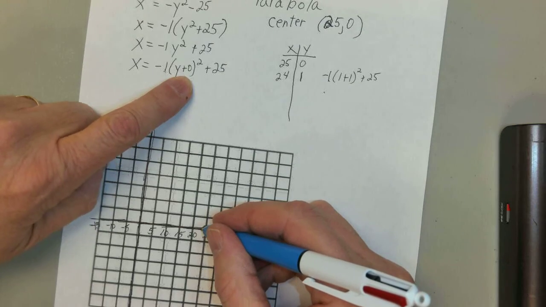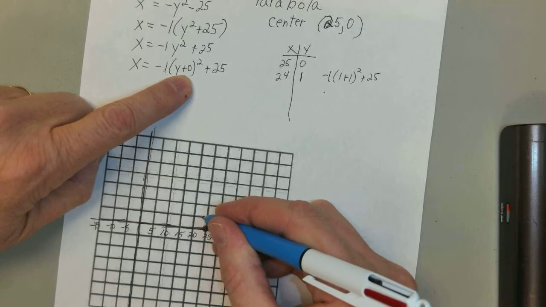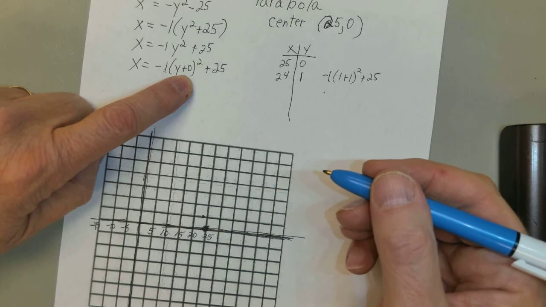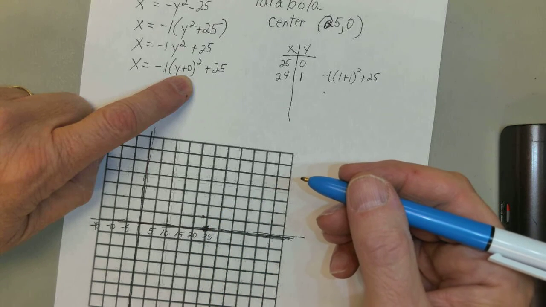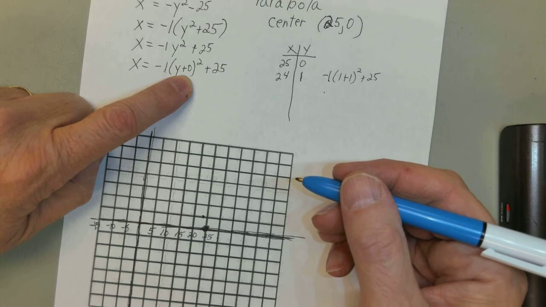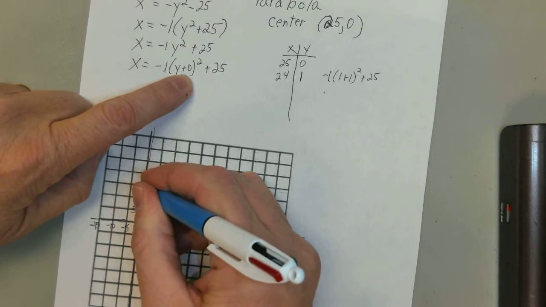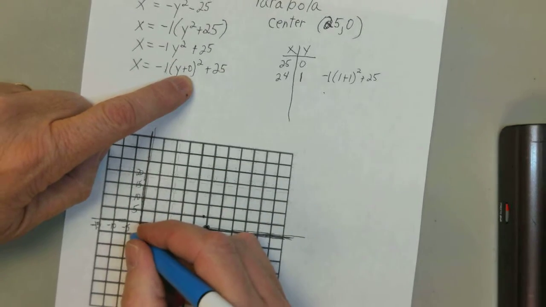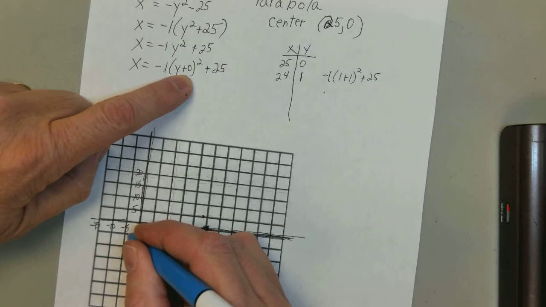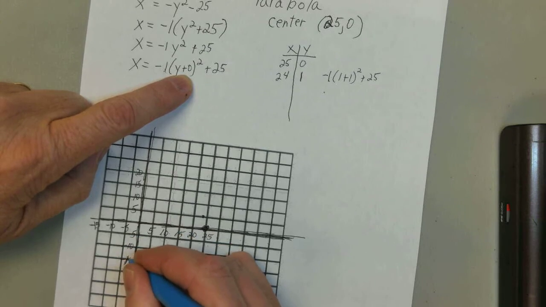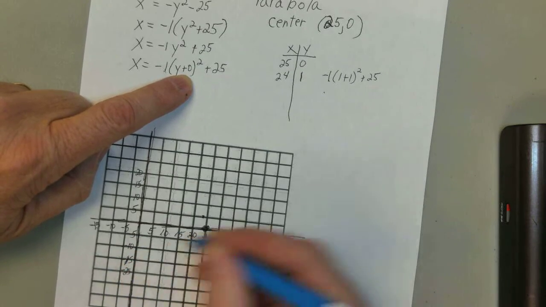To get up to 1, I'll scale this by 5s also: -5, -10, -15, -25.